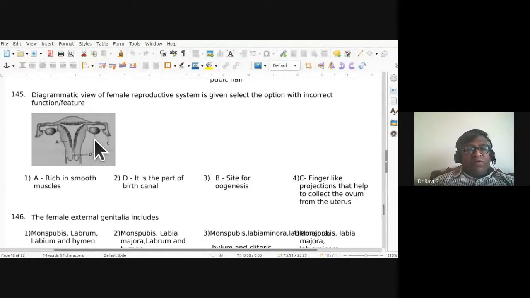B is the site for oogenesis, and C is finger-like projections that help to collect the ovum from the uterus. That is wrong, not from the uterus, from the ovary. So in the diagram 145th, the fourth one is the incorrect statement. It collects the ovum from the ovary, not from the uterus.